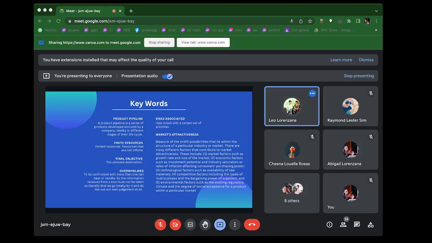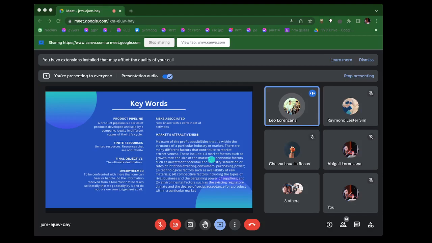Next is market attractiveness. This is the measure of the profit possibilities that lie within the structure of a particular industry or market. There are many different factors that contribute to market attractiveness. This includes market factors such as growth rate and size of a market. Number two, economic factors such as investment potential and industry saturation or rates of inflation affecting consumers' purchasing power.